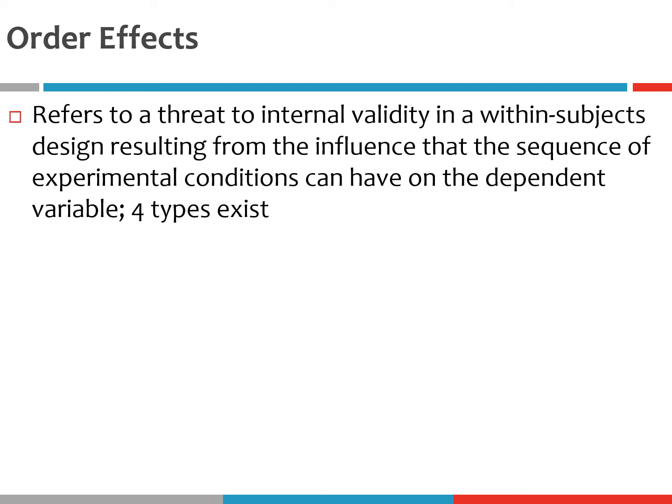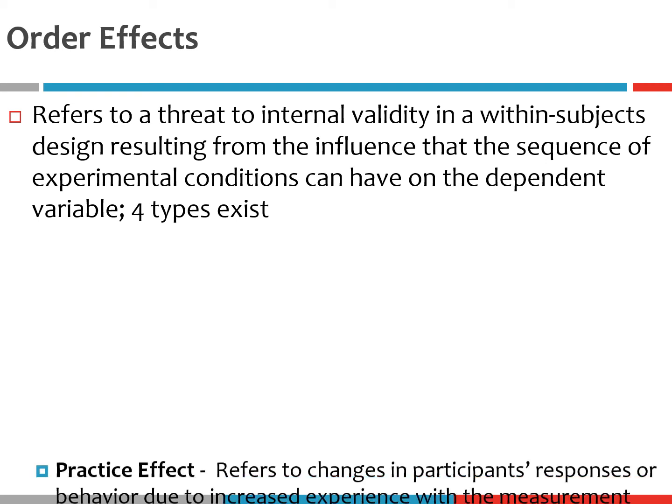So to make up for this order effect screwing up our study, we can then try to control which participant gets which particular order. So if there's 4 treatments, there's going to be a bunch of different orders in which you can receive those treatments, right? Treatment A, B, C, and D.